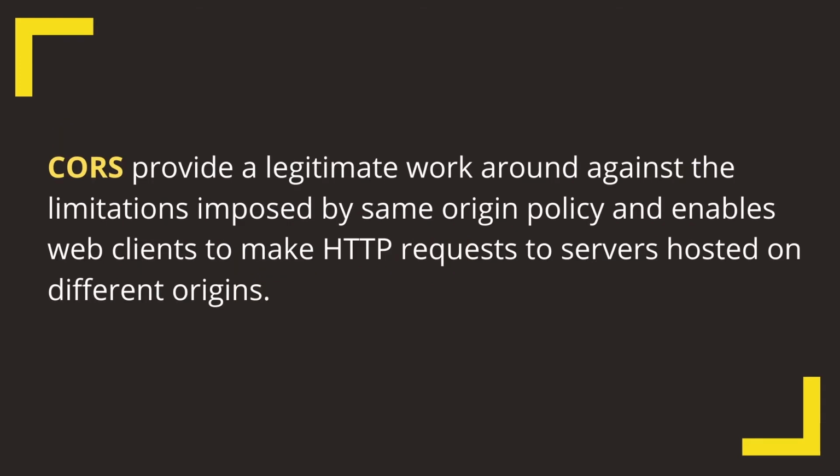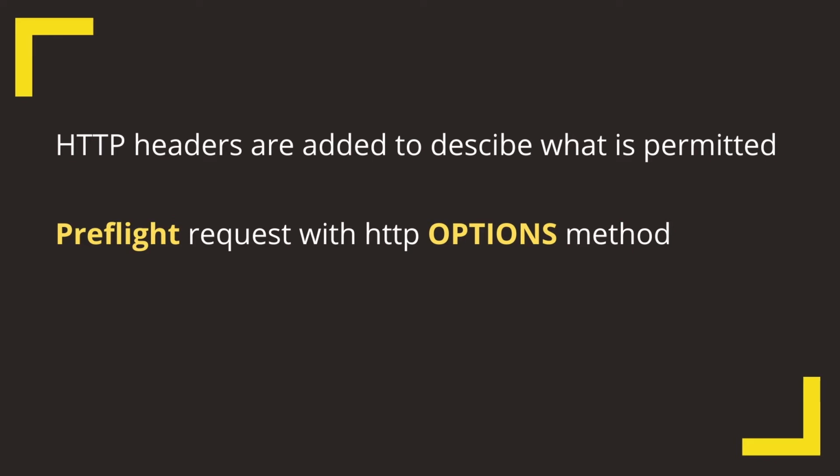CORS provides a legitimate workaround against the limitations imposed by same origin policy and enables web clients to make HTTP requests to servers hosted on different origins. The cross-origin resource sharing standard works by adding new HTTP headers that help servers describe which origins are permitted to read that information from a web browser.